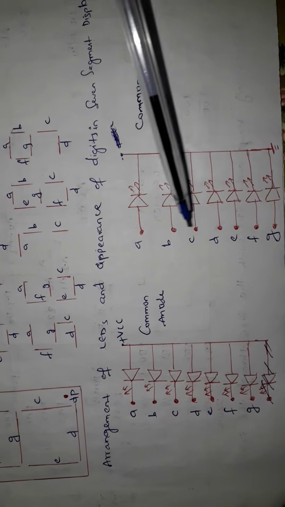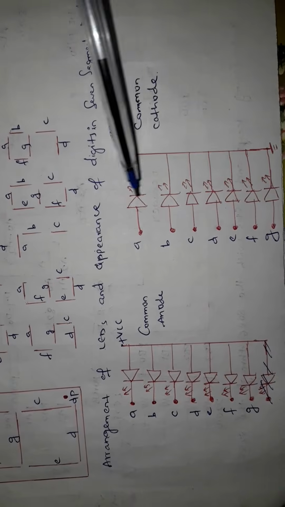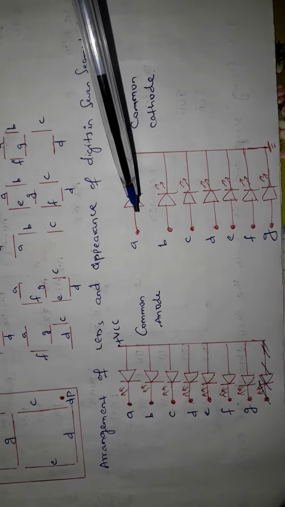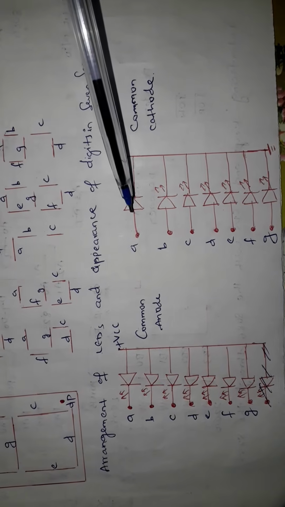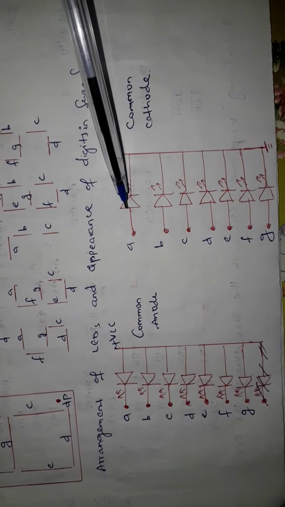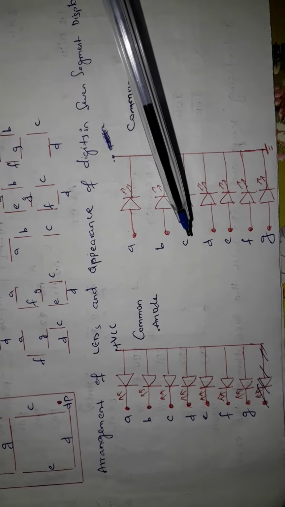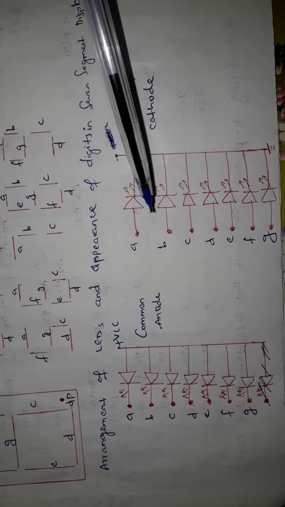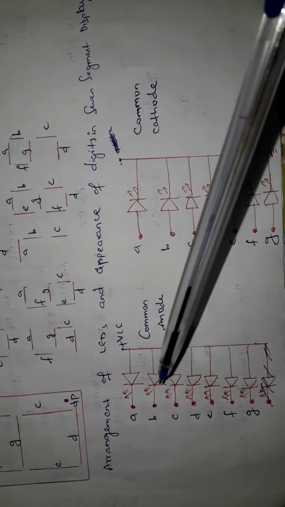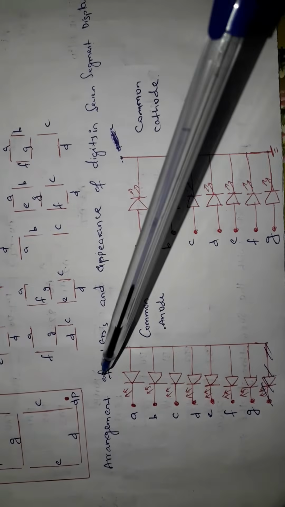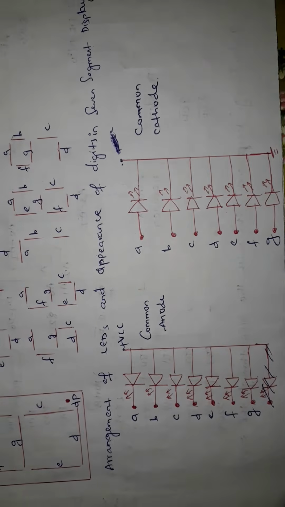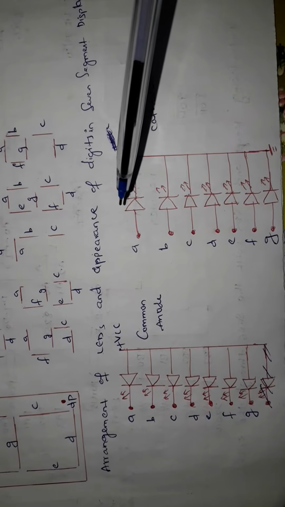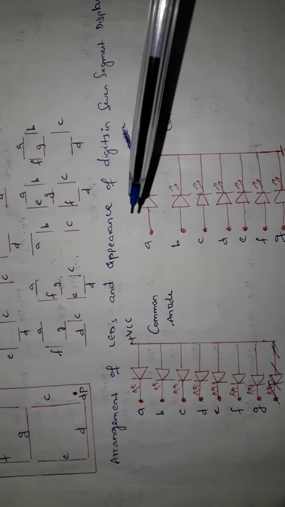If you want to turn on the LED, you apply logic 1 to the anode terminal. If logic 1 is applied, then this LED glows. Whereas if logic 1 is applied to the C LED, then that LED glows. If logic 0 is applied, then the corresponding LED goes off. So in the common anode case, logic 0 is the input to turn the LED on, whereas in the common cathode case, logic 1 is the input to turn the LED on.